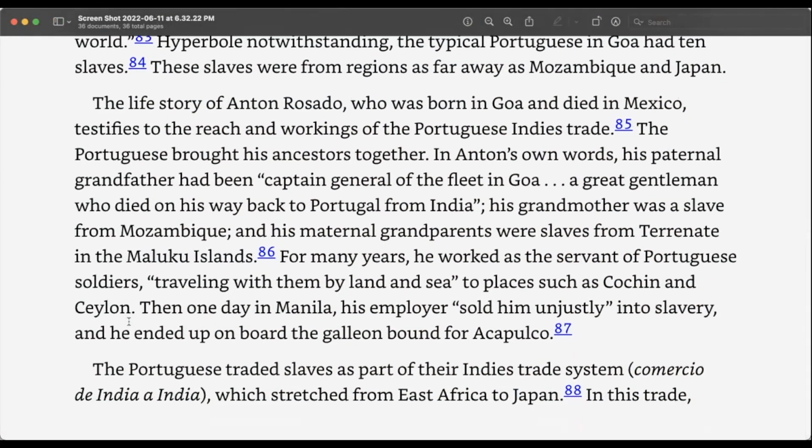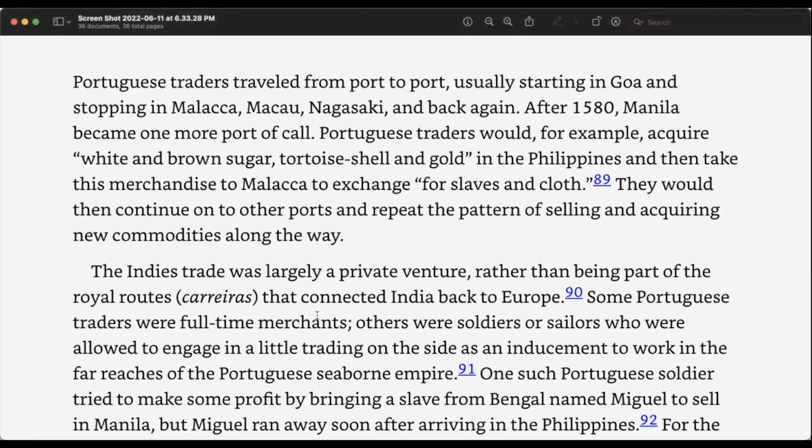The Portuguese traded slaves as part of their Indies trade system, Comercio de India a India, which stretched from East Africa to Japan. Portuguese traders traveled from port to port, usually starting in Goa and stopping in Malacca, Macau, Nagasaki, and back again. After 1580, Manila became one more port of call.